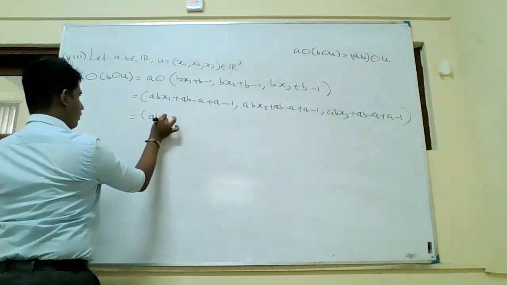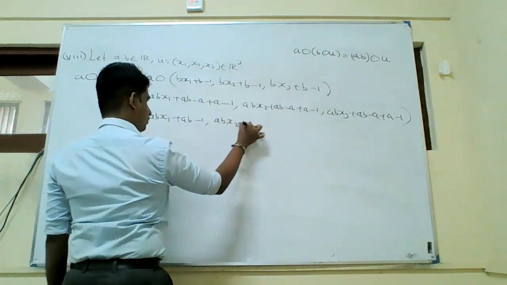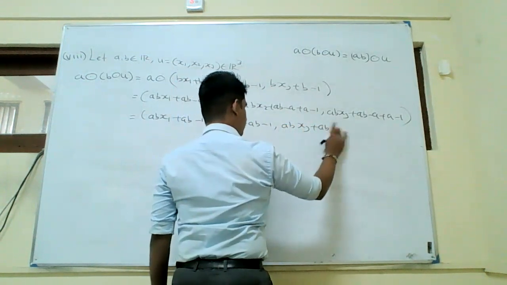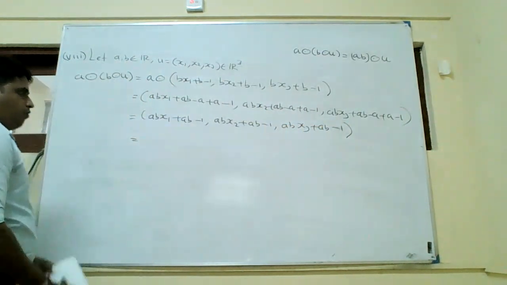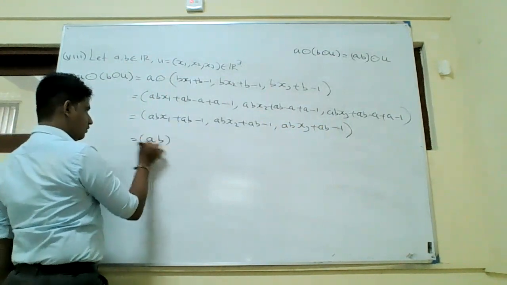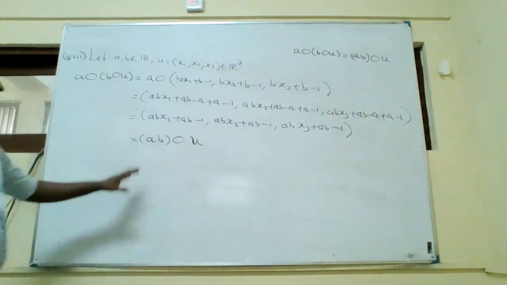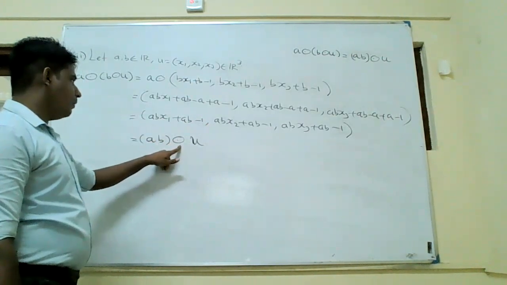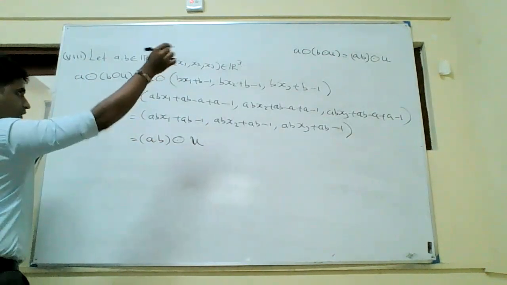So abx1, ab minus 1, abx2, ab minus 1, abx3, ab minus 1. This one we can write like this: you take outside ab into scalar multiplication of u, then you will get this one. Therefore, this is our claim.